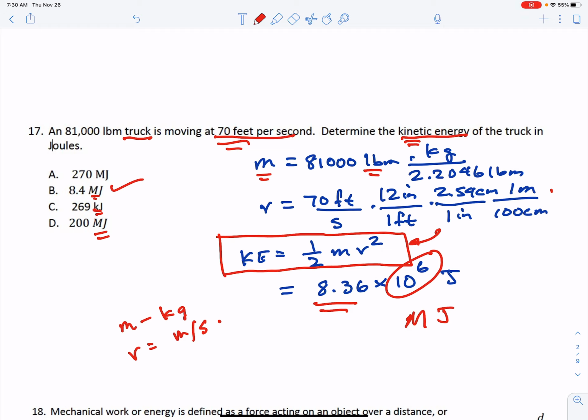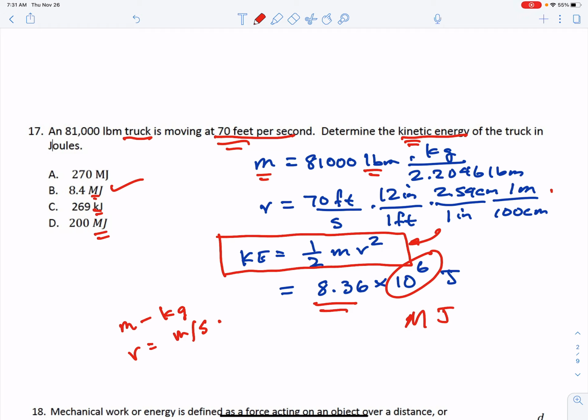When you're going through this, don't just know how to do this one problem. Think about the general concept I'm trying to cover here. The general concept on this one was convert a formula using the appropriate unit conversions. So you have to know what the standard units are that you put into a formula for the English system or for the metric system.